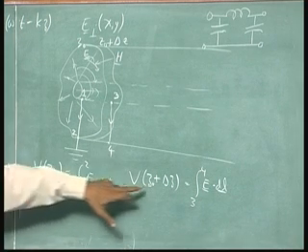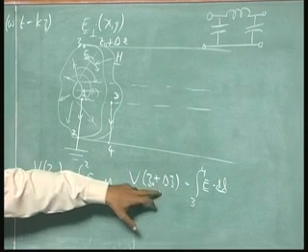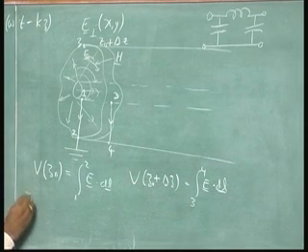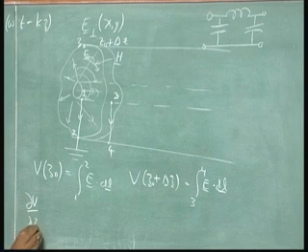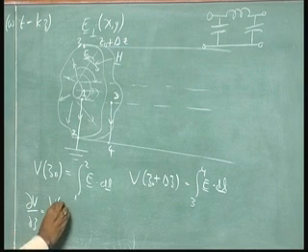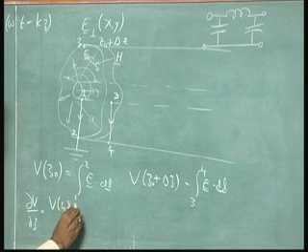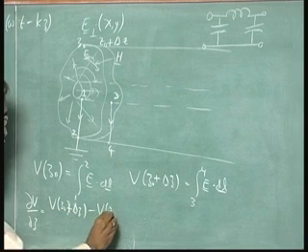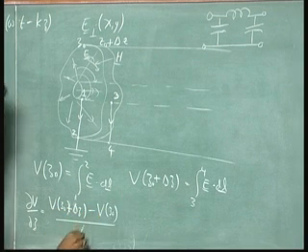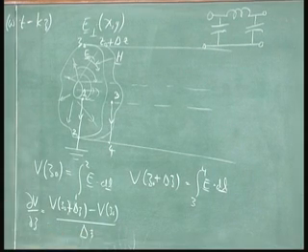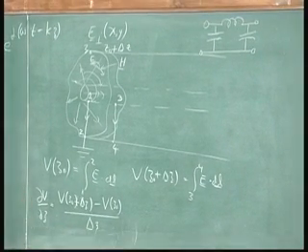But these two voltages are not the same, and I would like to know the derivative in voltage, that is del V del Z is equal to V of Z naught plus delta Z minus V of Z naught divided by delta Z as delta Z goes to 0. That is the meaning of derivative.